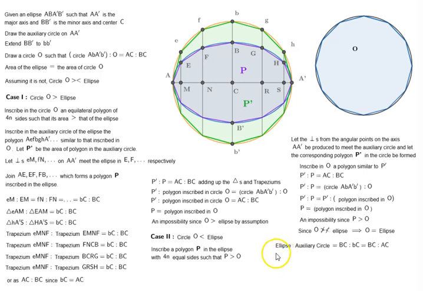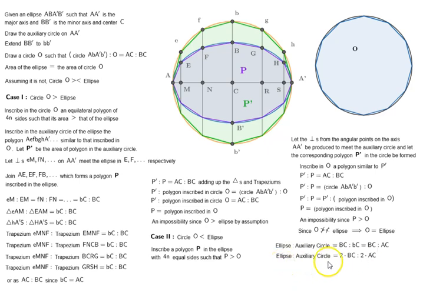Which means the ellipse is to the auxiliary circle as BC is to lowercase bc, and lowercase bc is equal to AC. So the ellipse is to the auxiliary circle as BC is to AC. But this BC and AC are half of the minor and major axes.